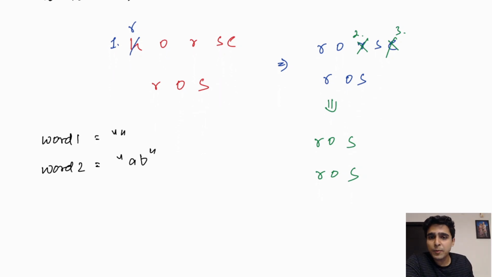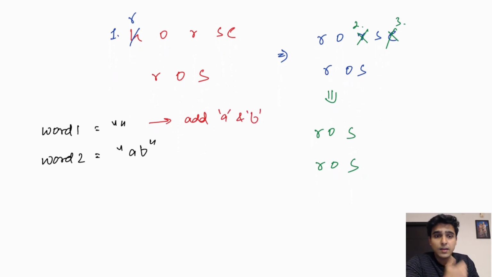What are the minimum operations to convert word1 to word2? It is very simple. Since this is empty, I have to add two characters, A and B. So that is two operations. Similarly, if word2 is empty, you have to delete all the characters in word1. These are the very basic cases.